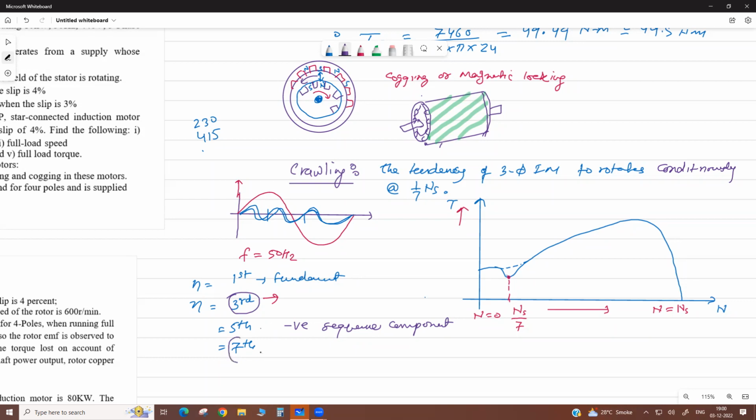But due to the seventh, there is a drop here, a dip. To eliminate this, we have to use active filters to eliminate the harmonics. If there is a seventh harmonic present in your supply, then this characteristic has a drop here.